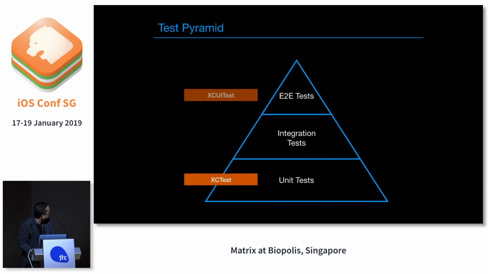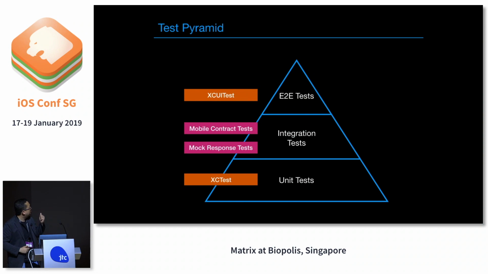So I mentioned over here that we have two kinds of tests, integration tests. What I described here is mock response test. To ensure that everything is in sync, as developers, we need to write tests to check that the contracts the app uses to communicate with the server don't change. Here at SP, we call it the mobile contract test.